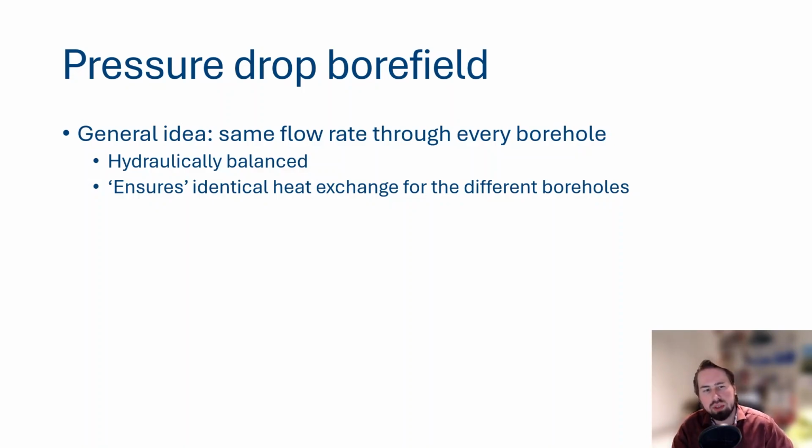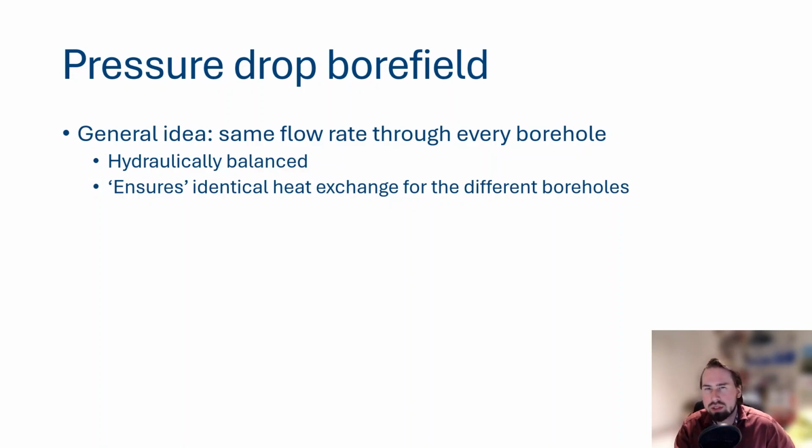Now, why is this important? Because we want to ensure that there is an identical heat transfer for every borehole inside the bore field. So we want to be able to extract or exchange the same amount of energy through every borehole of a bore field in order to have the most efficient system.